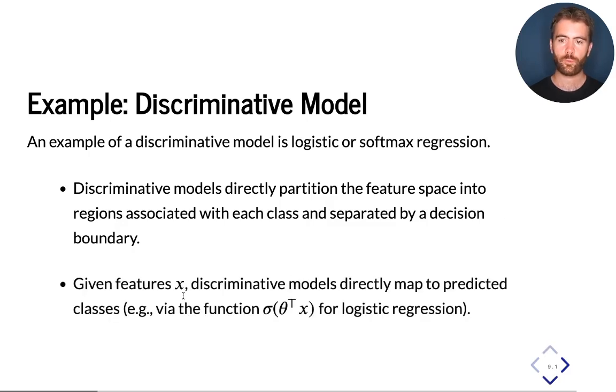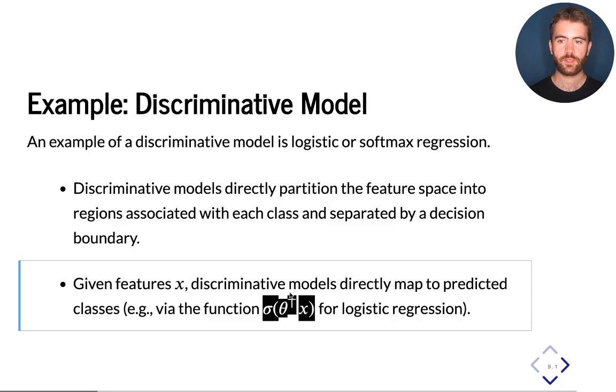So to put it in yet another way, given features X, a discriminative model will directly map to the predicted class. And this can be via a function such as this one, which is a form of the sigmoid function that takes in the score for that particular class.